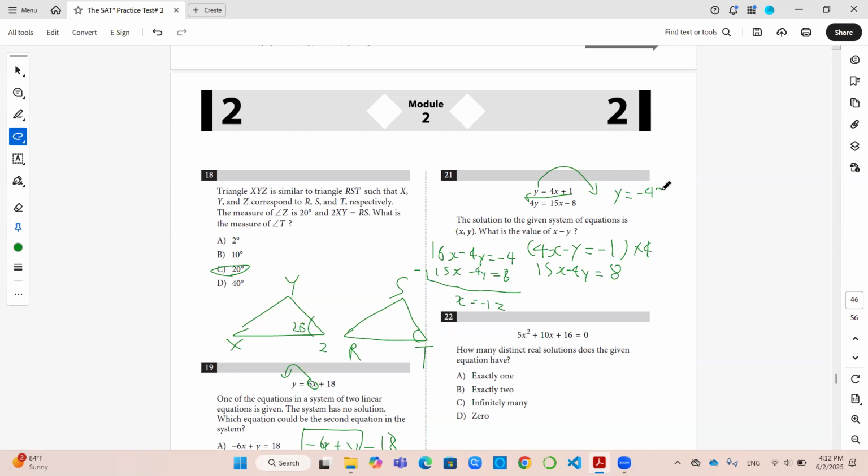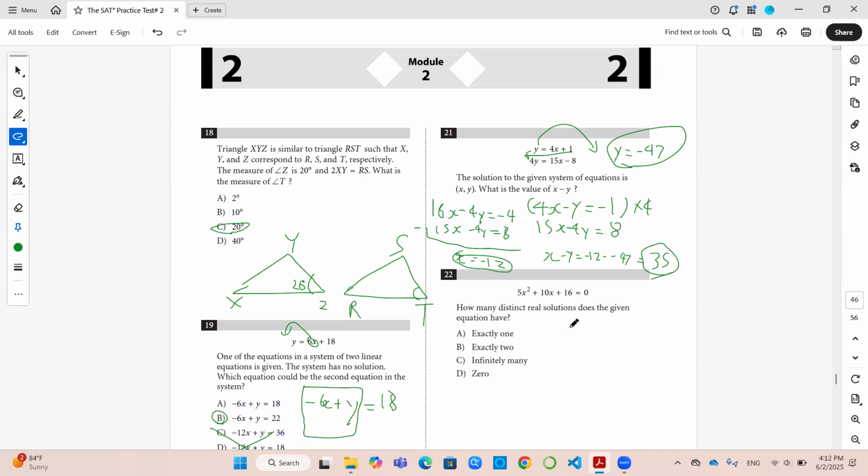That's equal to minus 47. So we have these two pieces of information given. And all you've got to do is x minus y, which is minus 12 minus minus 47, which is equal to 35. So 35 is the correct answer to 21.